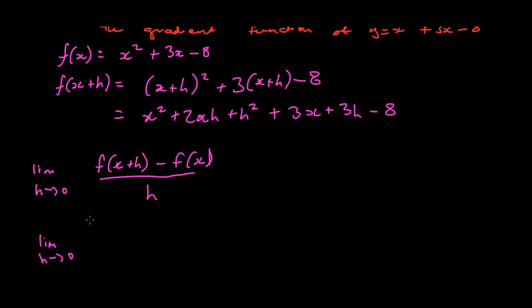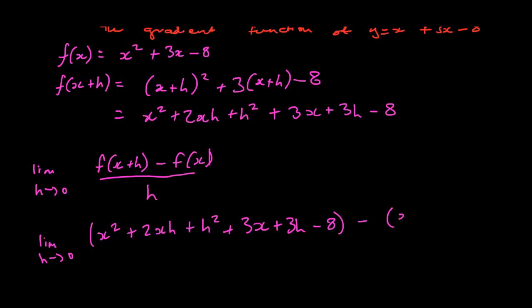It's important we write this so the marker actually knows we know what we're doing. So f(x plus h): x squared plus 2xh plus h squared plus 3x plus 3h minus 8. And we'll just put brackets around it, just to show that that's its own function. And then we have minus, and we'll put brackets around f(x).